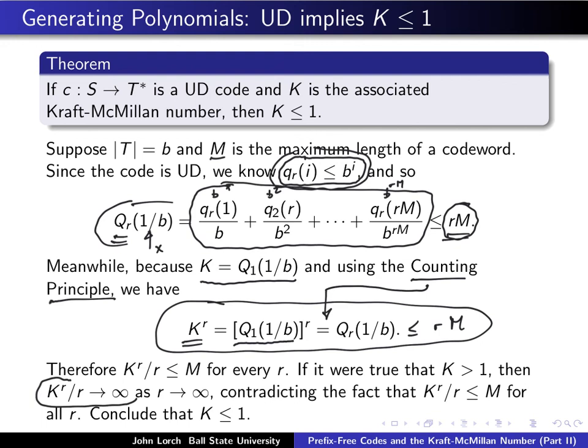And that would contradict the fact that k to the r over r is always less than or equal to m. That means that the Kraft-McMillan number k must be less than or equal to 1. And that proves the theorem.